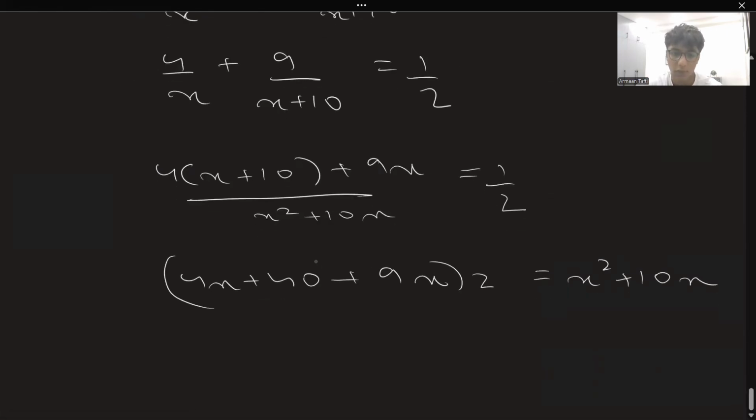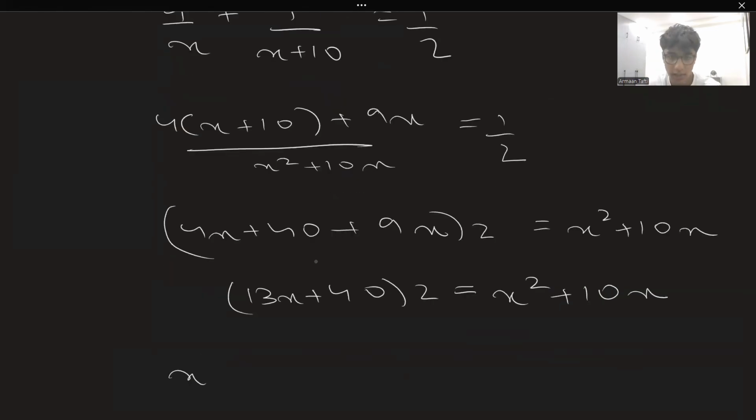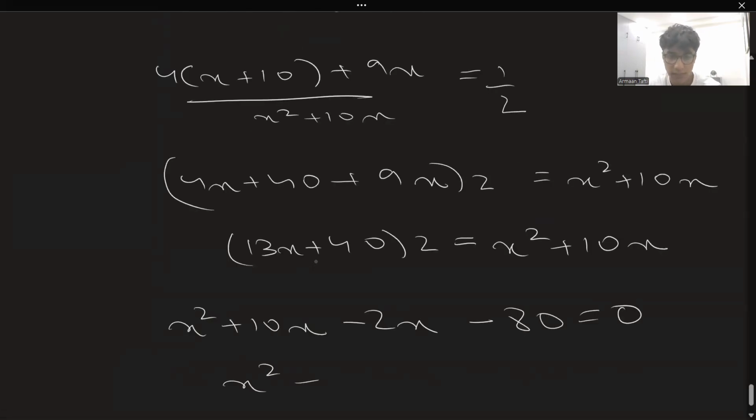Simplify this, we get 13x plus 40 times 2 equals x squared plus 10x, right? For the simplification, 26x plus 80 equals x squared plus 10x. Simplify this further, x squared minus 16x minus 80 equals 0.